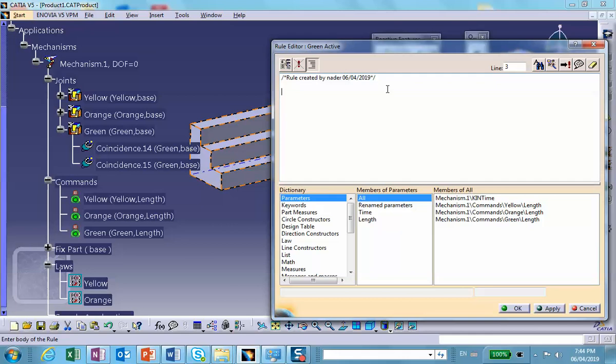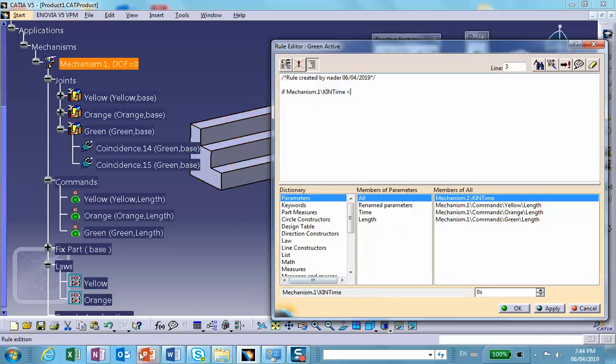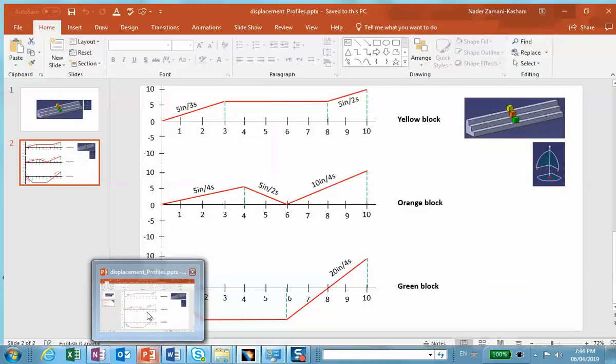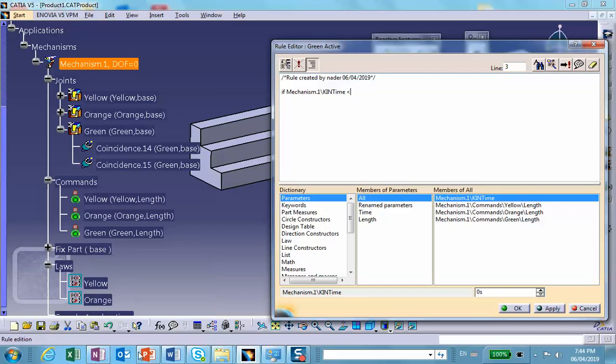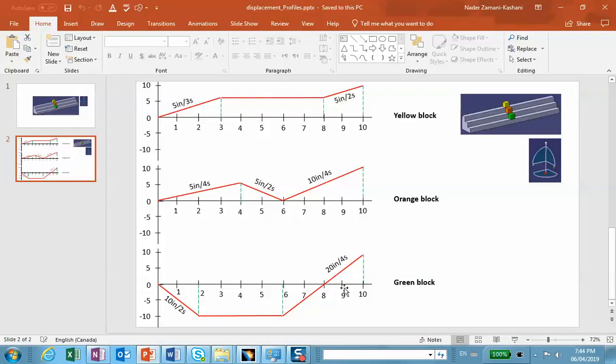And we say if time is less than, now here you got to be careful because we have to take care of the signs correctly. If the time is less than 2, this thing goes, but it goes in the negative direction at the speed of 10 inch in 2 seconds.